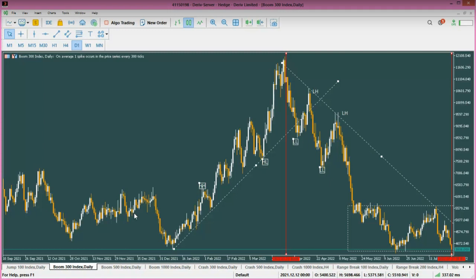You do not want to go against the trend. Your trend must be your friend. And if the market is bearish, you have to look for a selling opportunity. You cannot expect a buy opportunity on a downtrending market.